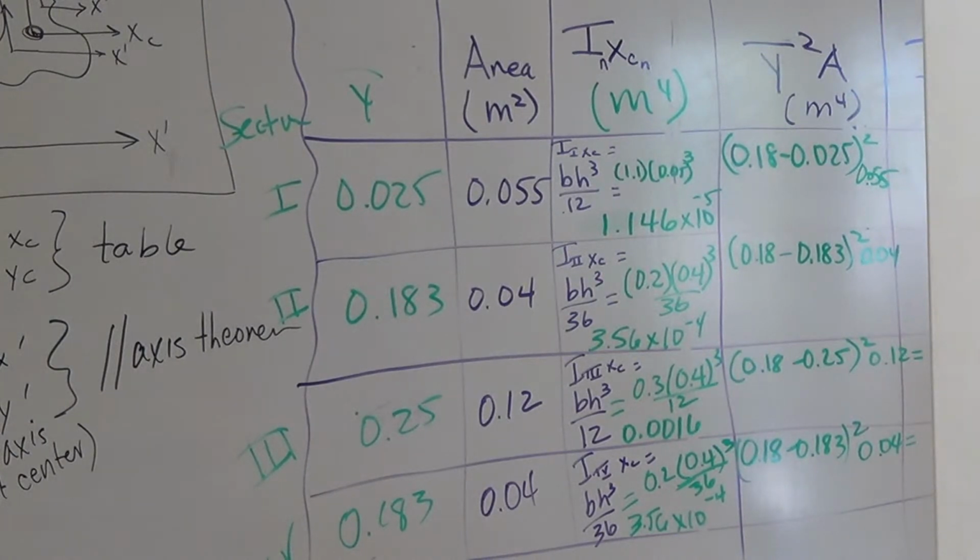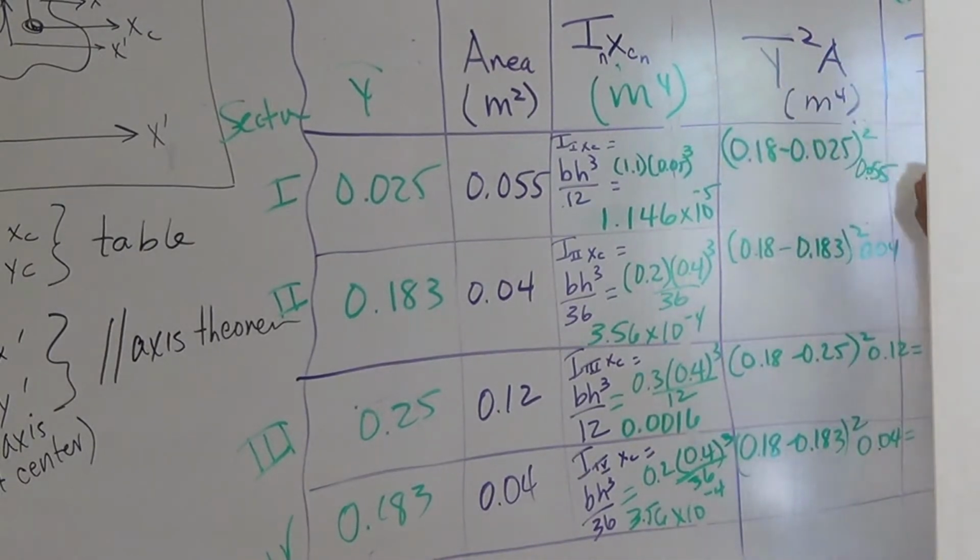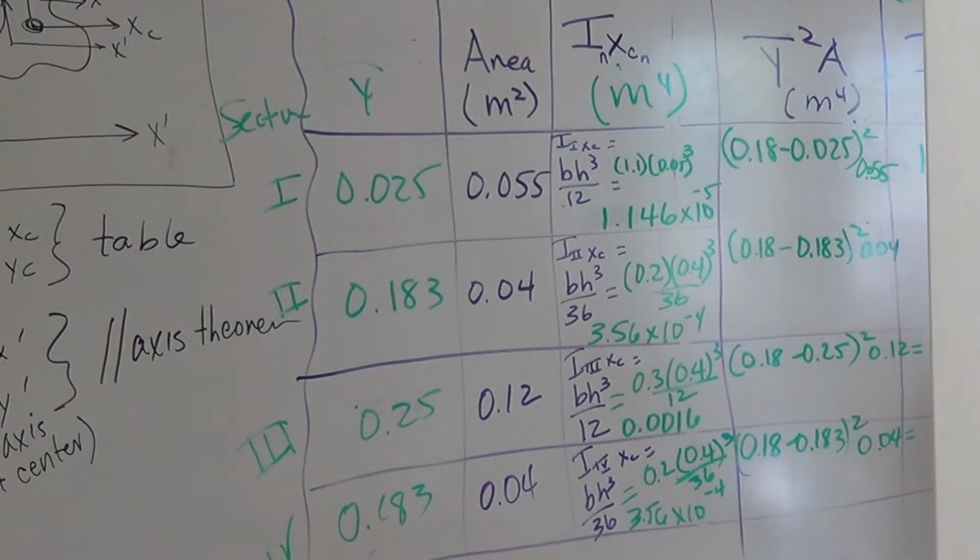Elliot, could you tell me what we do using the parallel axis theorem, which states I take the moment of inertia about the centroid of the body and add to it y bar squared times area? Could you tell me what the value turns out to be for section one? 1.33 times 10 to the negative 3. Okay.